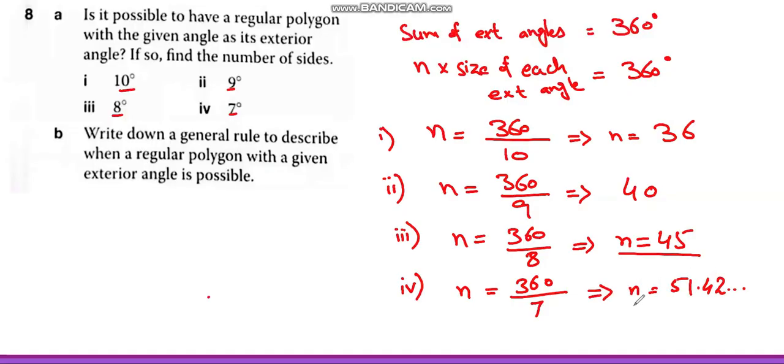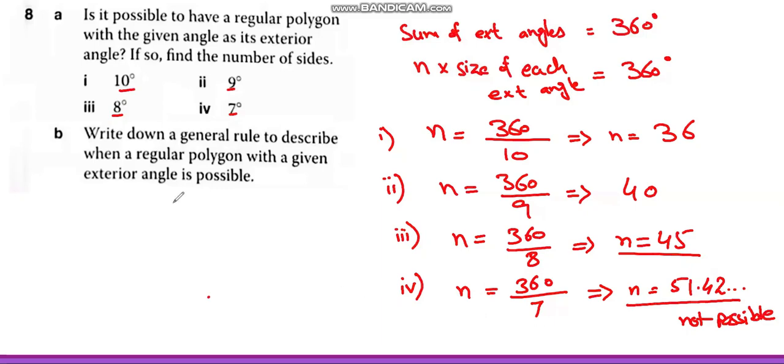By the way, the sum of all exterior angles should be equally divided by the number of sides. So the fourth case is not possible because here the 360 degrees cannot be equally divided amongst the sides. So it's not a regular polygon.